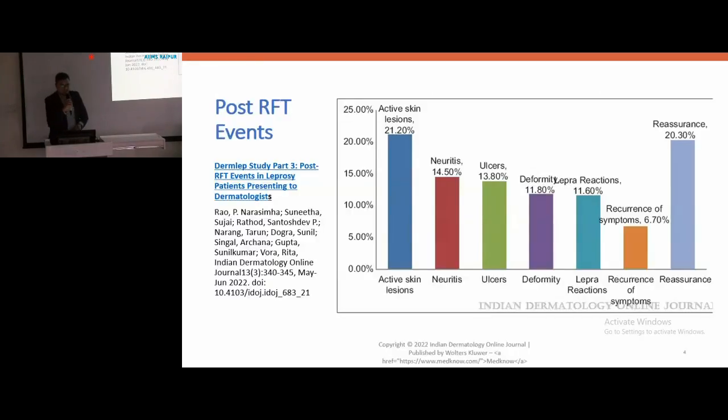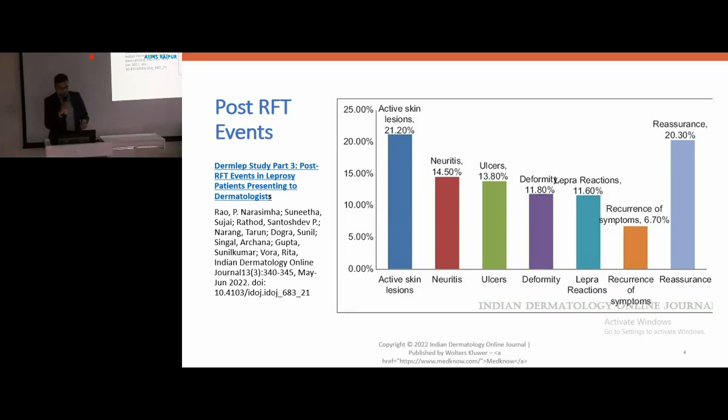In the context of relapse, it is important to study this slide, because relapse is diagnosed after the patient has been RFT'd. These are the post-RFT events we should be aware of, so that we do not mix naturally occurring post-RFT events with the possibility of relapse.